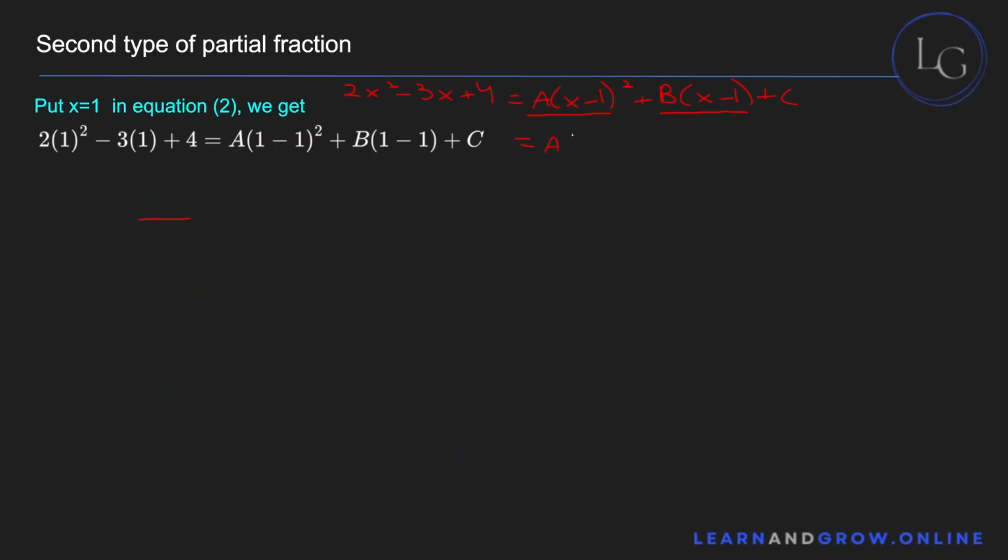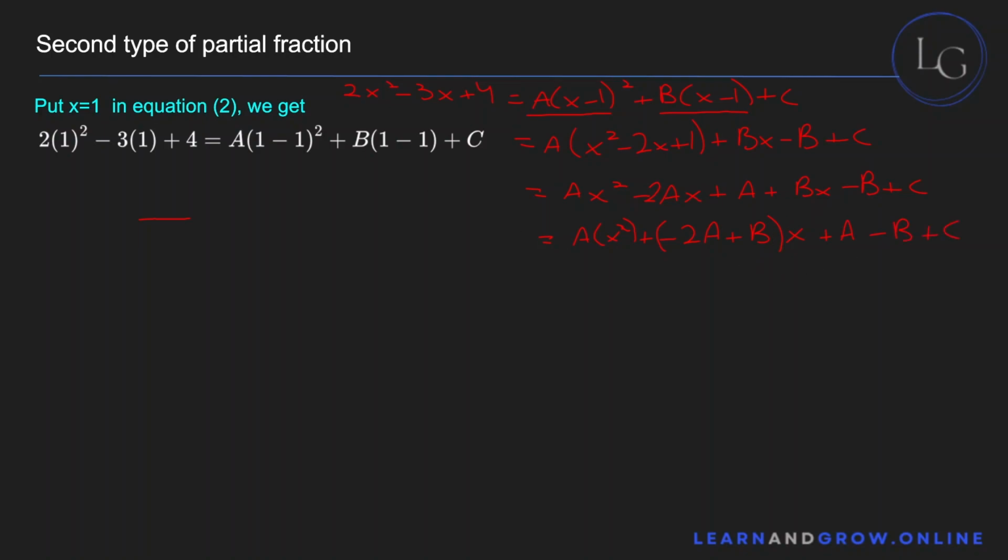So we have a into x squared minus 2x plus 1 plus bx minus b plus c, and that will be equal to ax squared minus 2ax plus a plus bx minus b plus c, and then that will basically tell you that a is the coefficient of x squared and minus 2a plus b is the coefficient of x, and then you have obviously plus a minus b plus c.